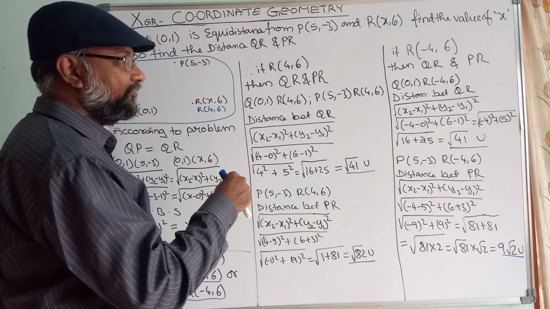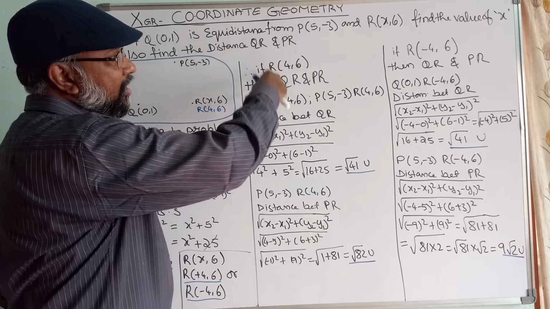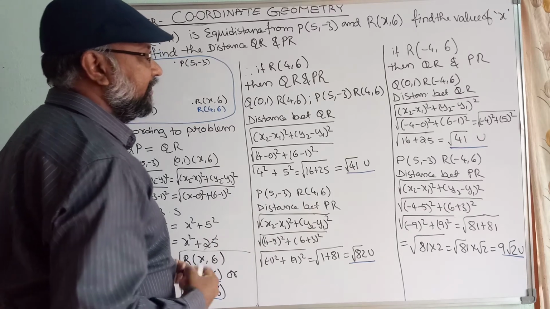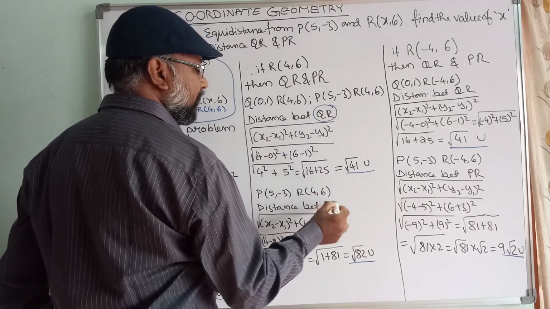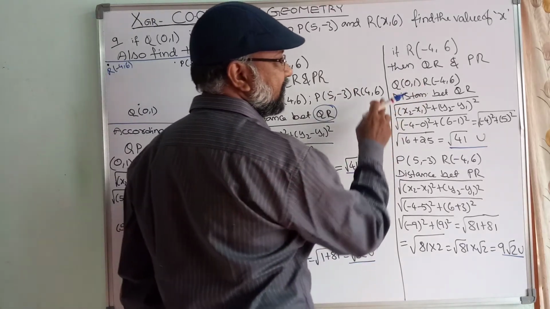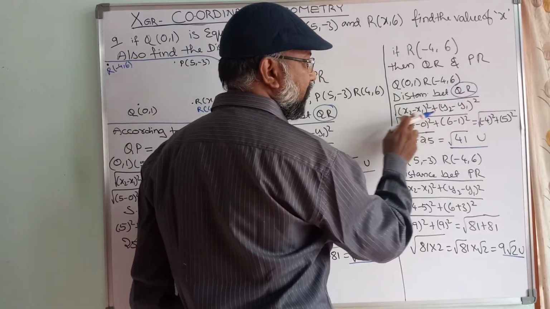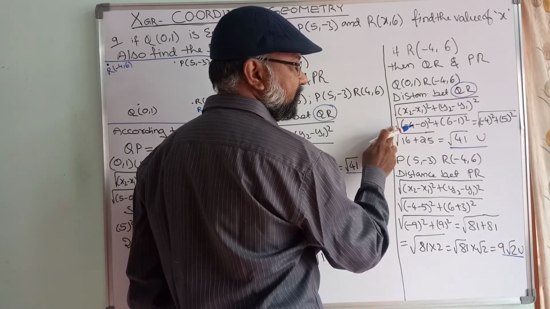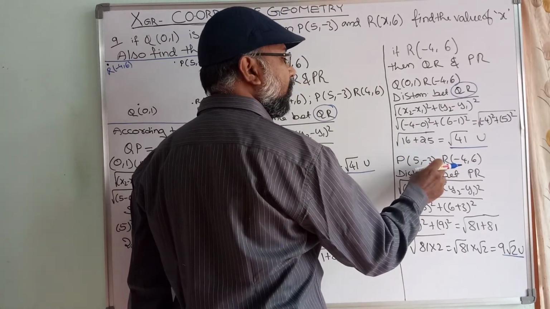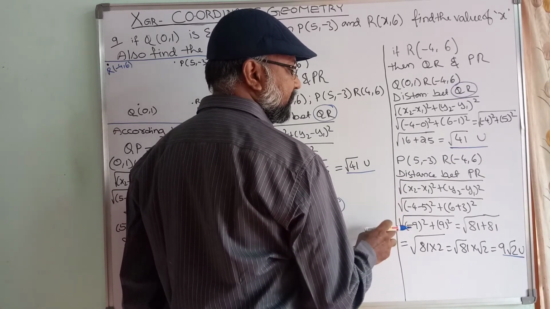Now if R is (-4, 6), we are going to find QR and PR the same way. Write the formula, substitute, simplify, and you will get root 41 units for QR. Again, for P and R, write the distance formula, substitute, simplify.